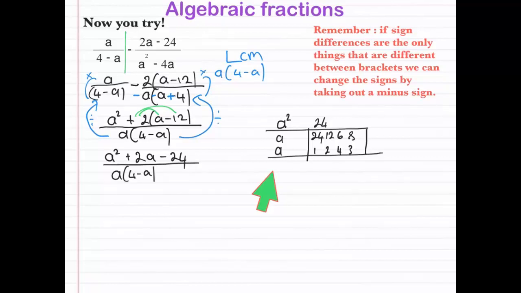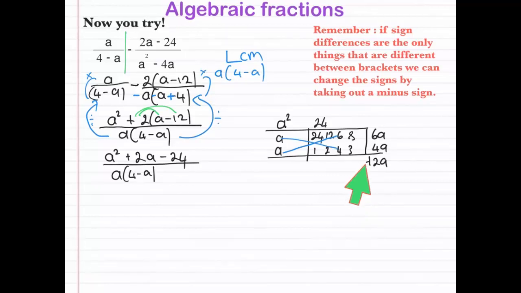And what do we need to get? We need to get a plus 2a. So let's write that, plus 2a. And then if I can quickly go, a times 6 is 6a, and a times 4 is 4a.